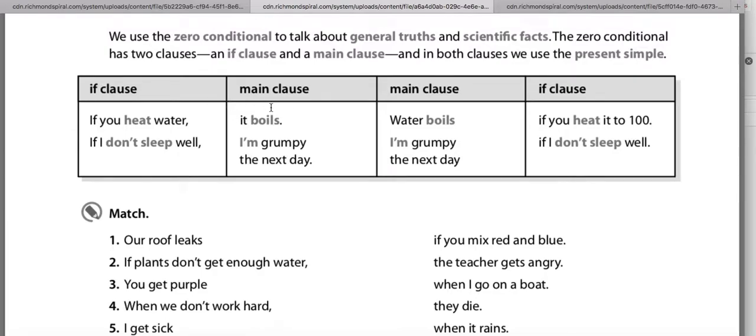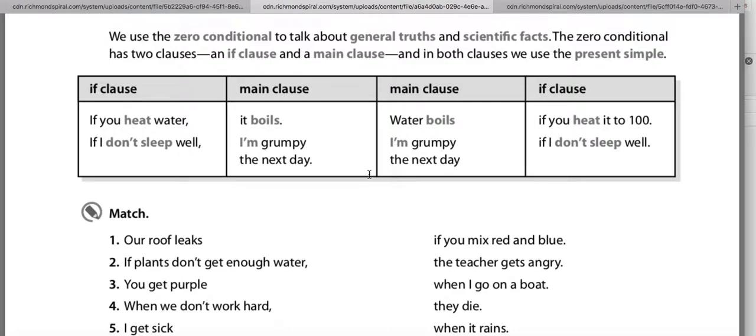The next one is: water boils if you heat it to 100. This is the main clause and the if clause, and we are changing the position, starting with the main clause, and the if clause is at the end.